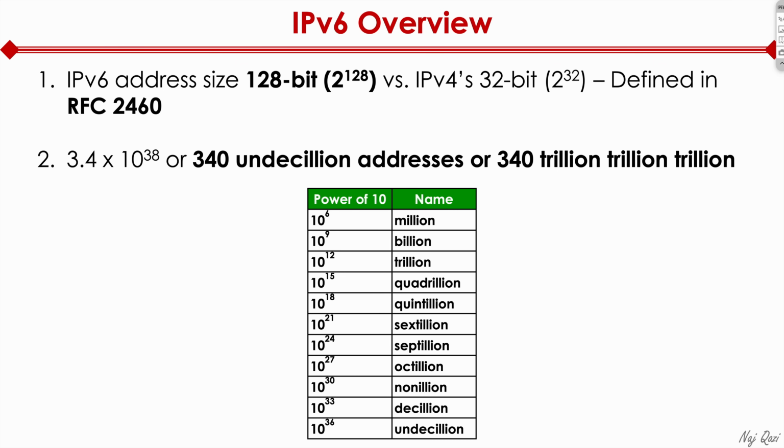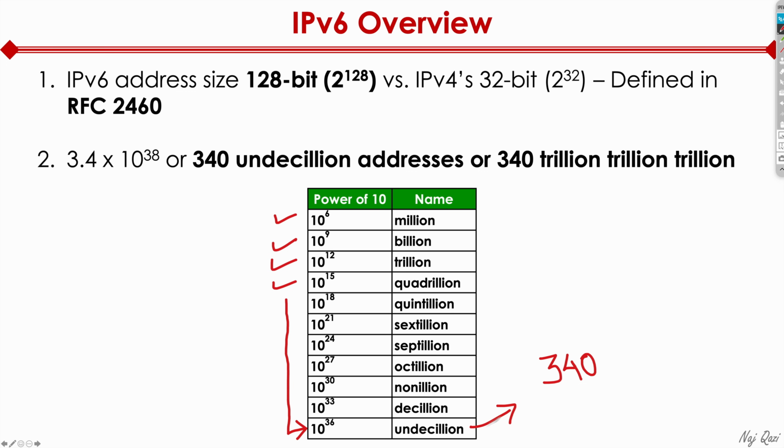And to put things in perspective, let's quickly take a look at this chart right in front of you. So all the way up top, we've got a million, then a billion, then a trillion, then a quadrillion, and we keep going down until we get to undecillion, okay? And we have how many of these undecillions? We have 340 of these bad boys, the undecillion.